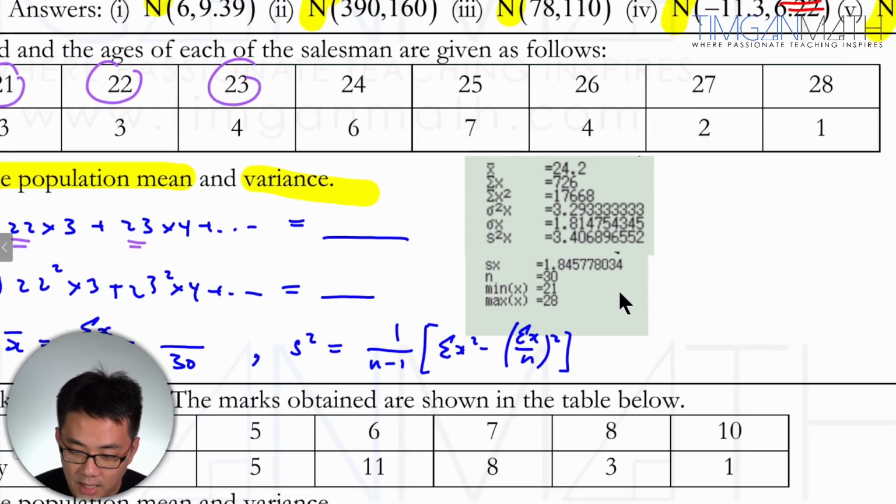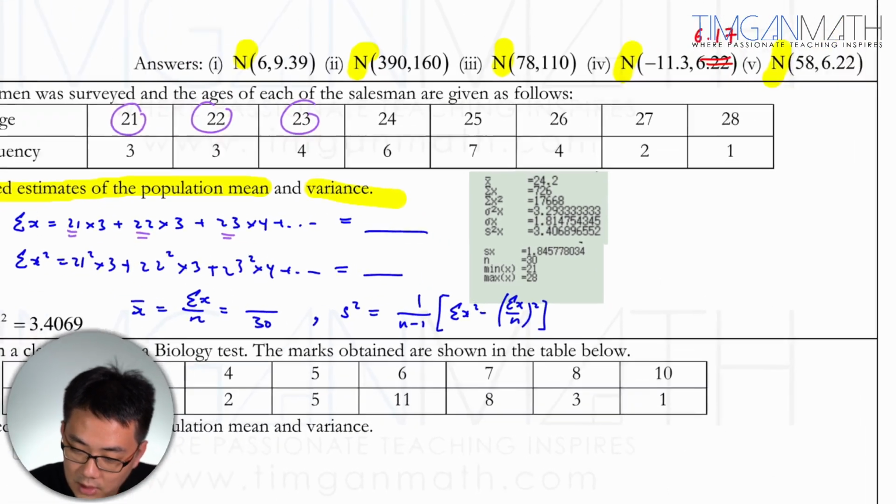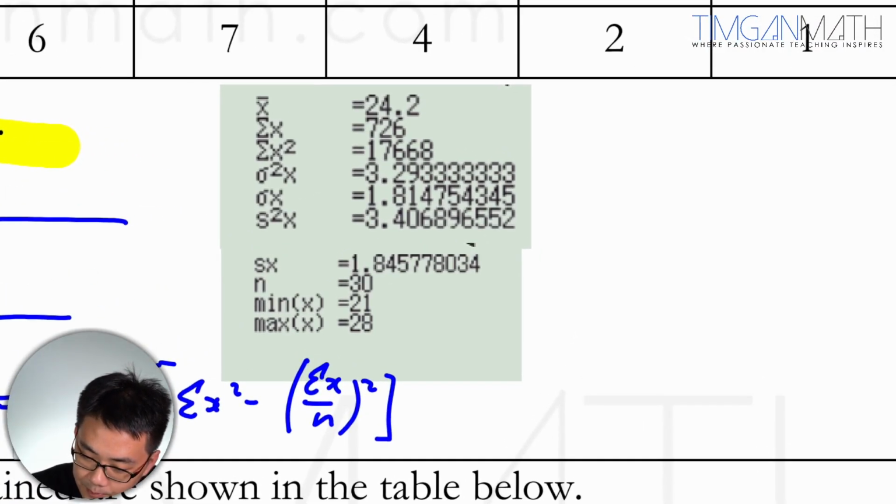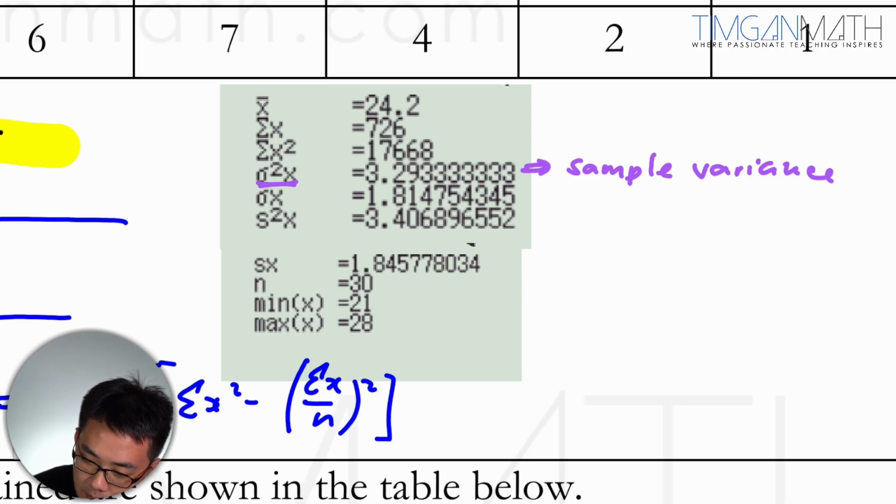The GC is exactly the same also. The signature I think is all the same. This one here is the sample variance. Look at the symbol here, sigma x squared. This is the sample standard deviation. Actually, you just square it or root it.